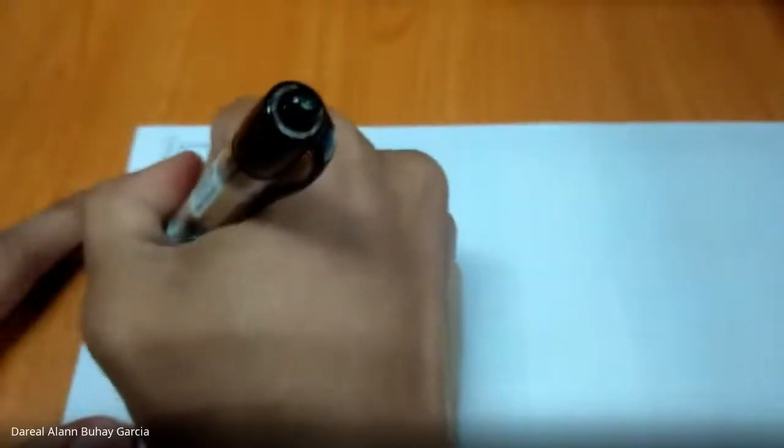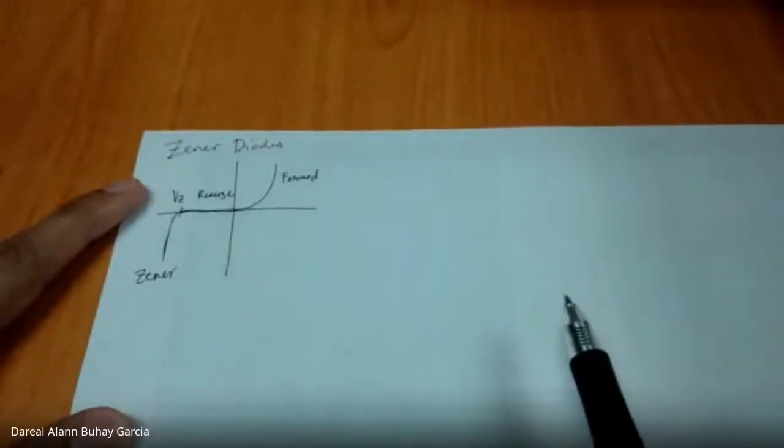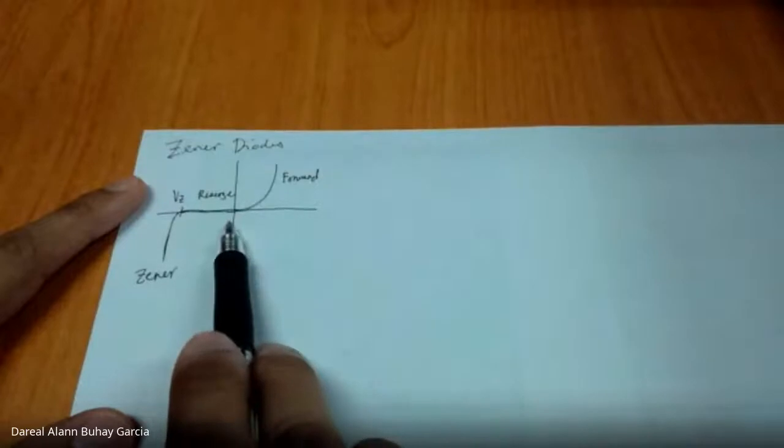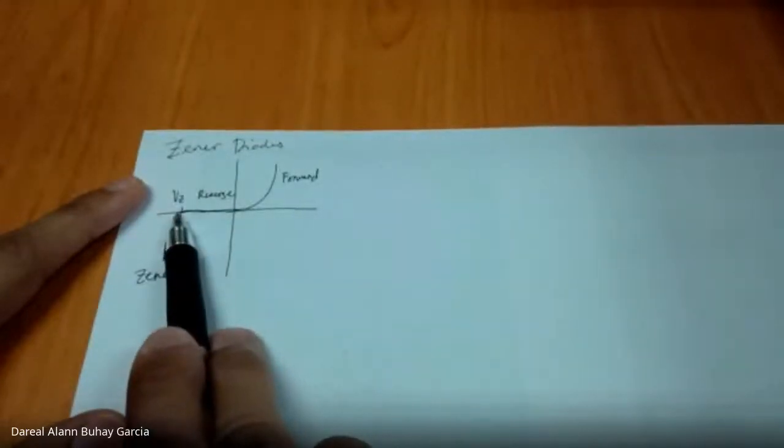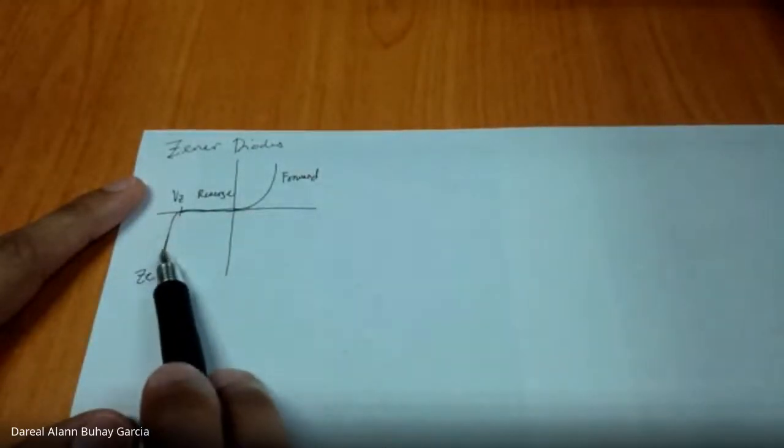So we call this one the Zener region. So in reverse bias mode, at a specific value, our Zener diode conducts current.